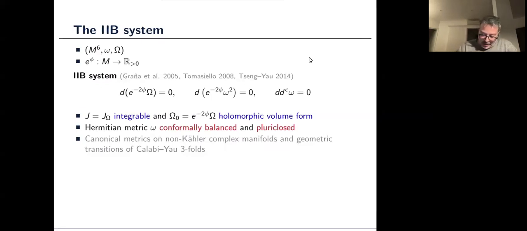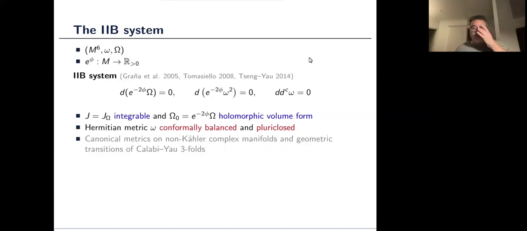And then the Hermitian metric omega satisfies these two conditions, which you know better than me in this audience. This one says that omega is conformally balanced, and this condition is known as the pluriclosed condition.